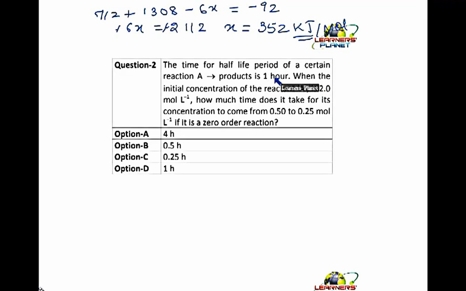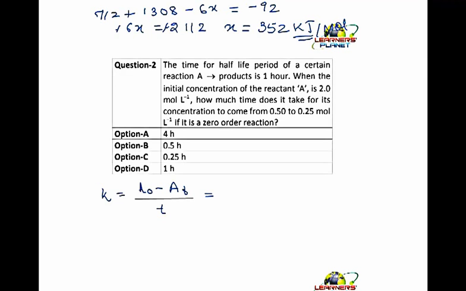How much time does it take for its concentration to come from 0.5 to 0.25 mole if it is a zero order reaction? Right? So students, what is the equation for a zero order reaction? It is K is equal to A0 minus At, divided by the time.